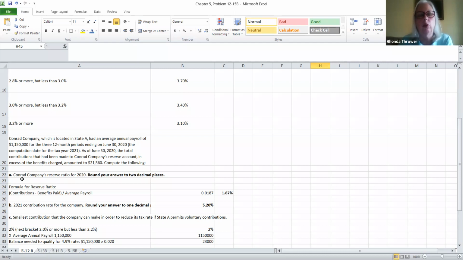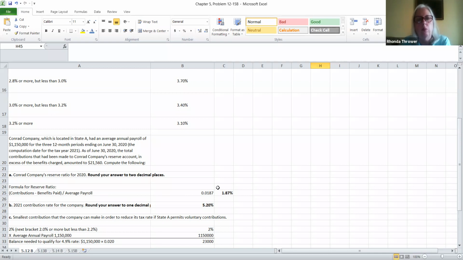So what they want you to do is calculate Conrad Company's reserve ratio for the year of 2020. And there's a formula that will help you to calculate this reserve ratio. The formula is the contributions in taxes that your company pays in versus what unemployment benefits are paid out, divided by your average payroll for 3 years.